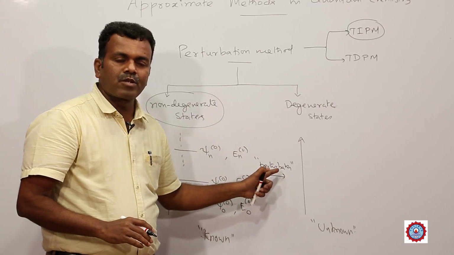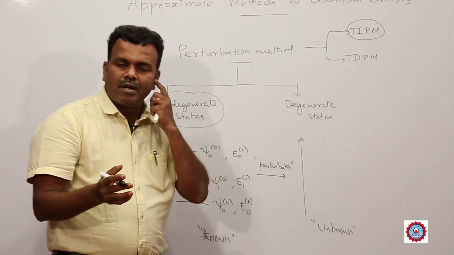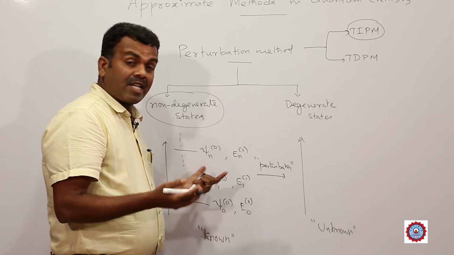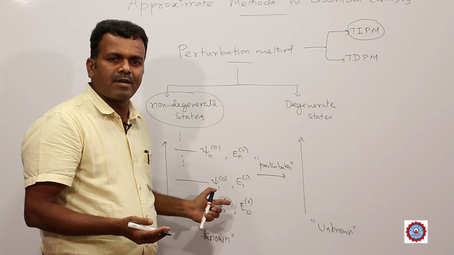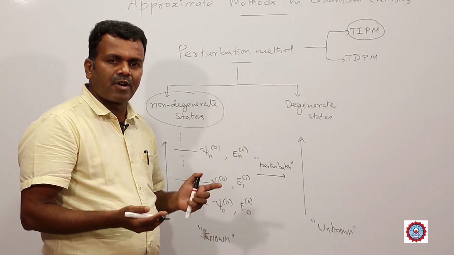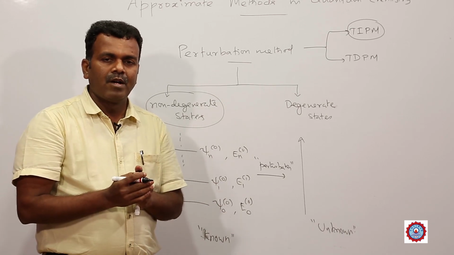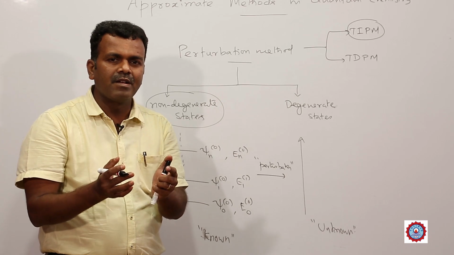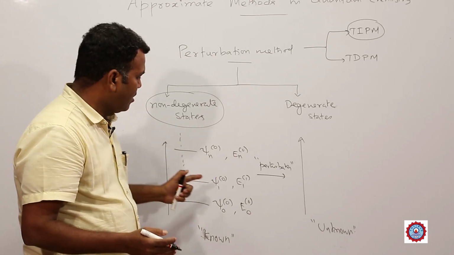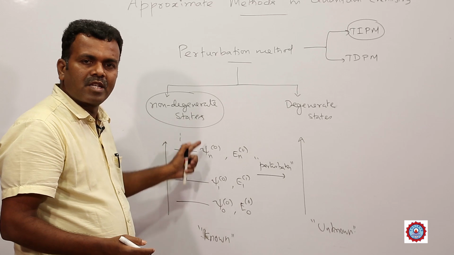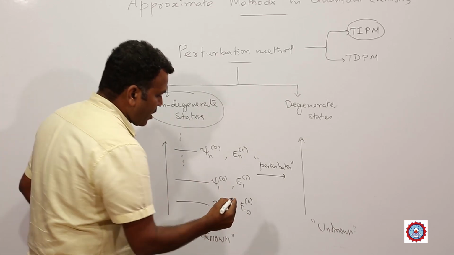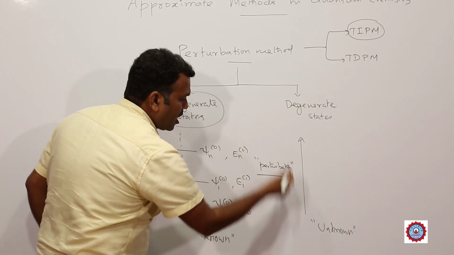Suppose you take, say, the hydrogen atom, for example. For the hydrogen atom, the wave functions and energies are already known. You place the hydrogen atom in an electric field. If you keep it in a weak electric field, then the energies of these states get shifted. The energy may decrease or may increase.